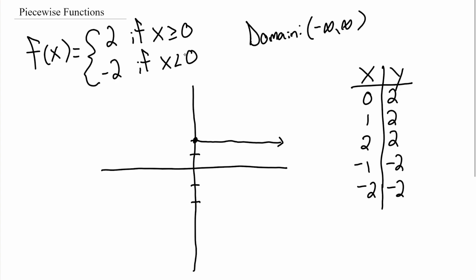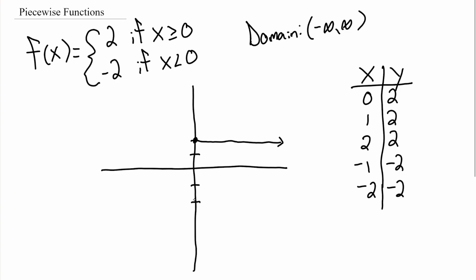Now notice that this function is going to go all the way up to x equals 0. The negative 2 part is not going to touch at x equals 0, but if you put in, say, negative 0.0001, it would still be negative 2, right? So we need to go all the way up to 0.